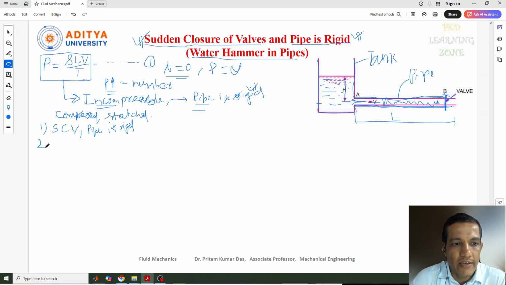Then the second condition is the sudden closure of valve when the pipe is elastic.